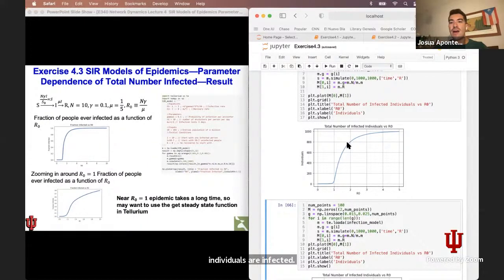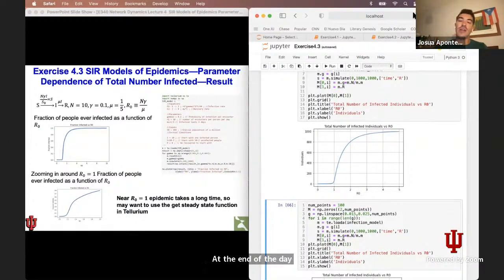And then from R0 bigger than, let's say, 2 and onwards, the final number of infected individuals still continues to increase, but increases at a smaller rate. And there is a point after which all of your susceptible individuals will get infected by the end of the epidemic.